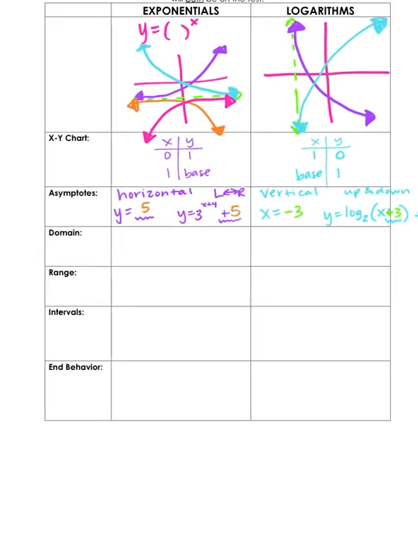All right, domain. This one's usually nice and easy because the domain of an exponential function is all real numbers, and that is always the case for an exponential function. Now, we know that logs and exponentials are inverses of each other, which means we're switching x and y.